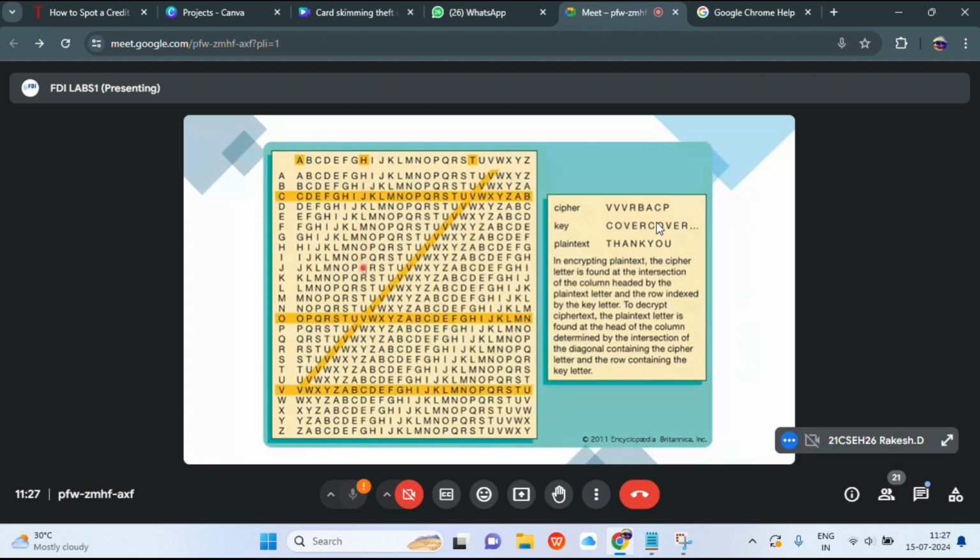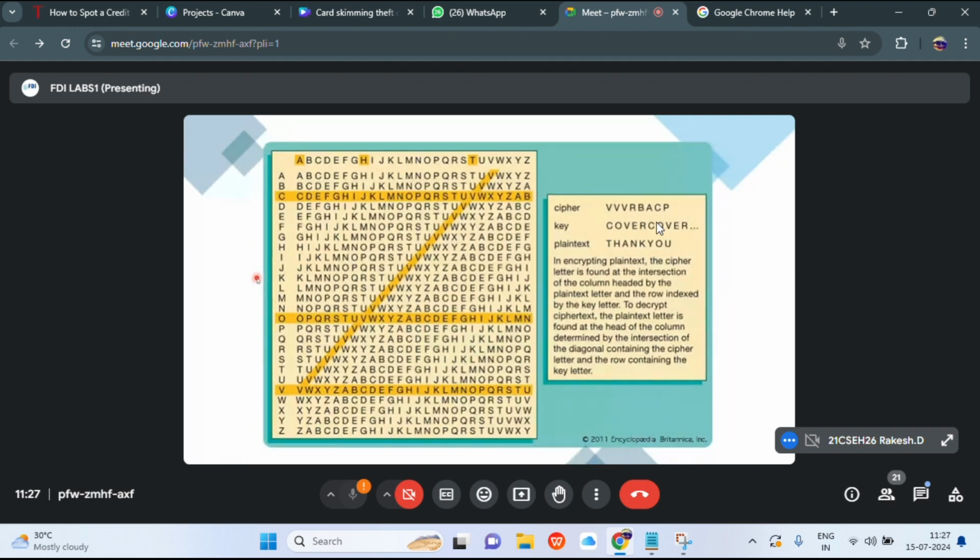H is here. And where is O here? O is here. So V again is where H and O intersect. So V will be our ciphertext. And for A, the key is V. So the letter where V and A intersect is our ciphertext. Likewise, you have to complete till U and it forms the ciphertext.